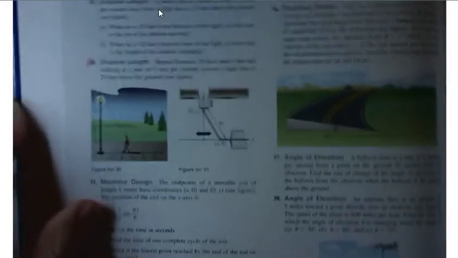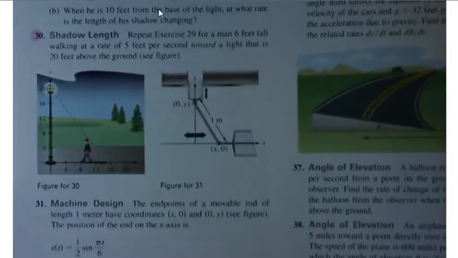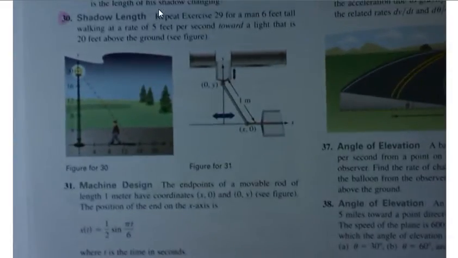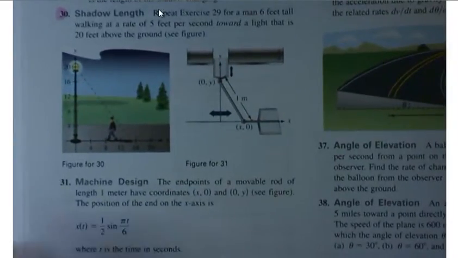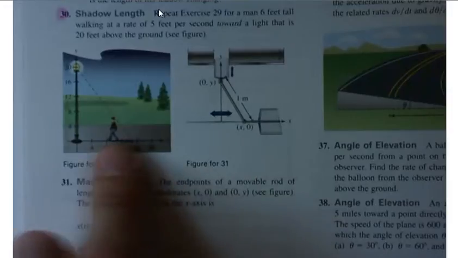Let's try problem number 30. All right, so we've got a man walking to a light post.